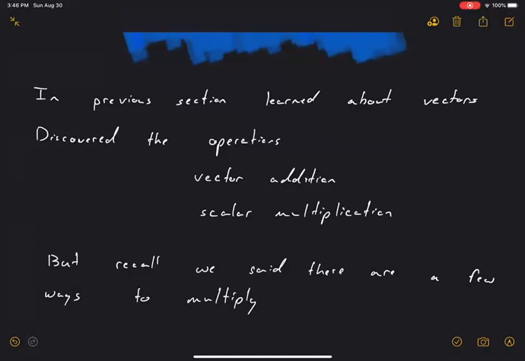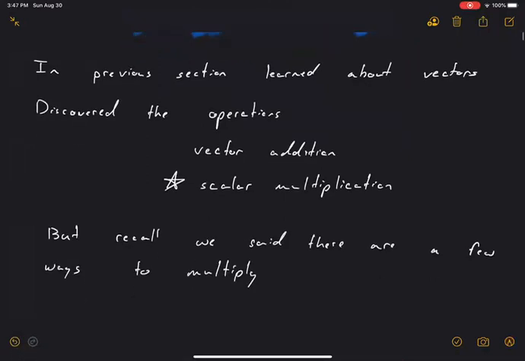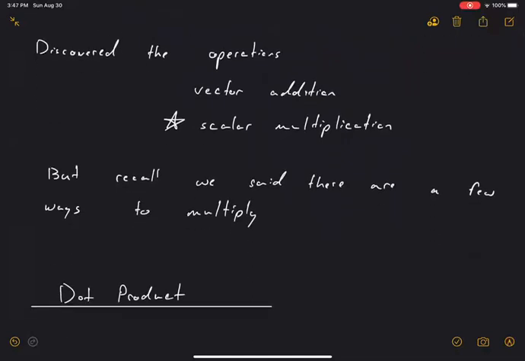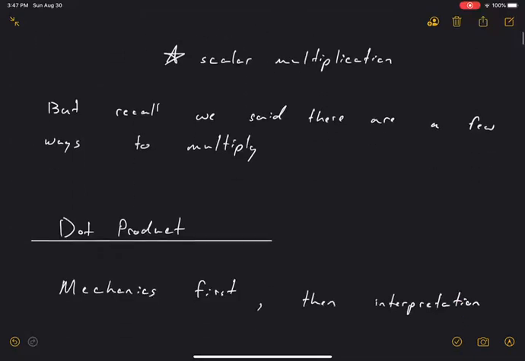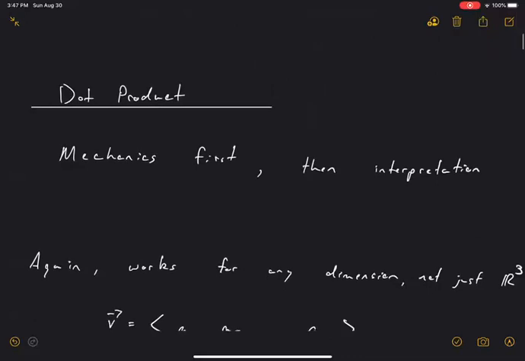We can add two vectors together, but multiplying two vectors together, well, there's a couple of ways to do it, but we introduced scalar multiplication last time, which was just multiplying a vector by a scalar.